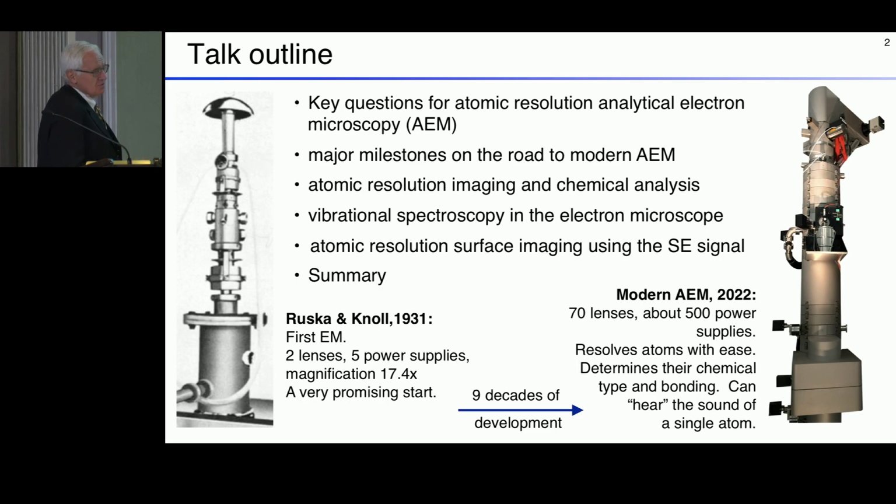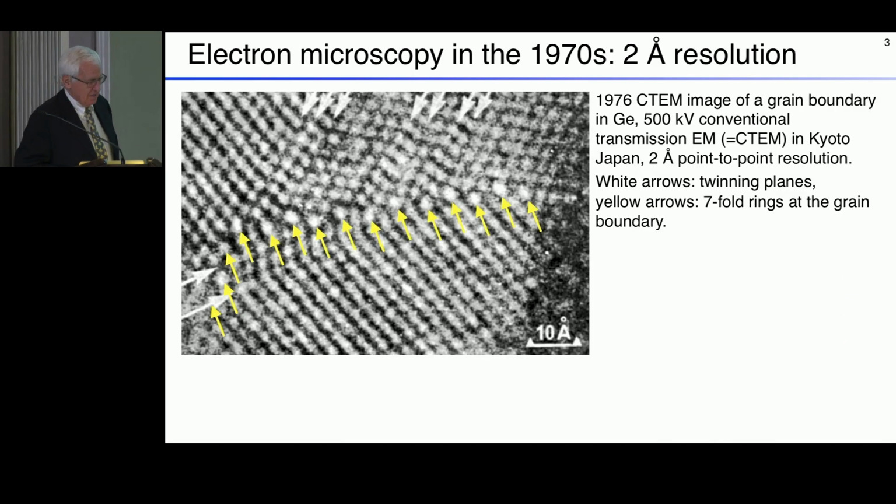You can get all kinds of spectra with enough sensitivity to pick a spectroscopic signal from single atoms. And there's enough detail in the spectra to be able to determine the atomic type and their bonding. And we can nowadays also hear the sound of just 1 atom by looking at its vibrations.